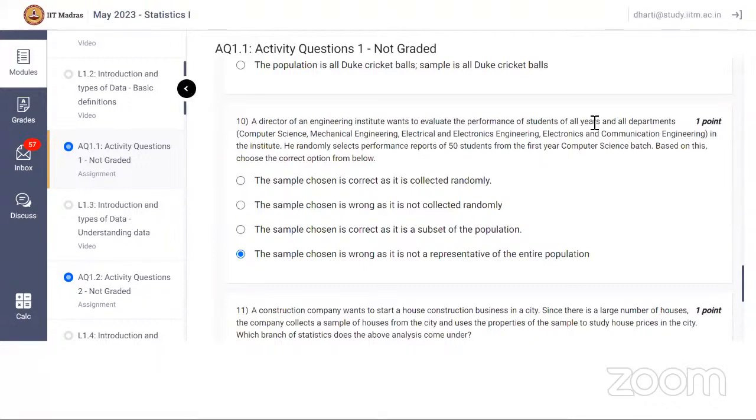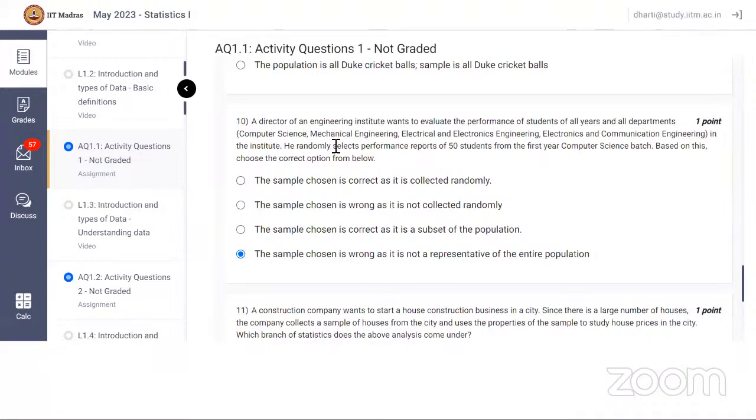Ma'am, why is it inferential? Because he wants to evaluate the performance of all students, all years, all departments. Fine. In a college like IIT Madras, there are some 6 to 8,000 students.